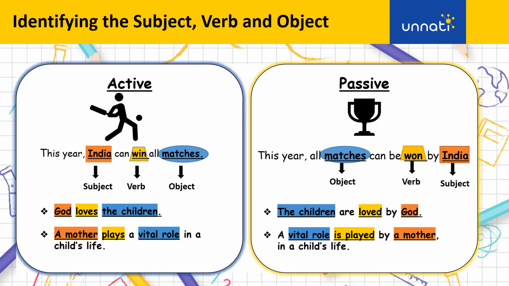But in passive, we say a vital role, the object coming in the beginning, is played. Played is the verb here, by a mother. So mother, the subject, goes at the end of the sentence. So this is how we construct sentences in active and passive.